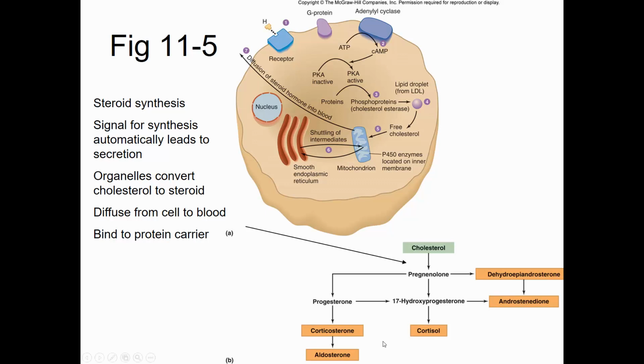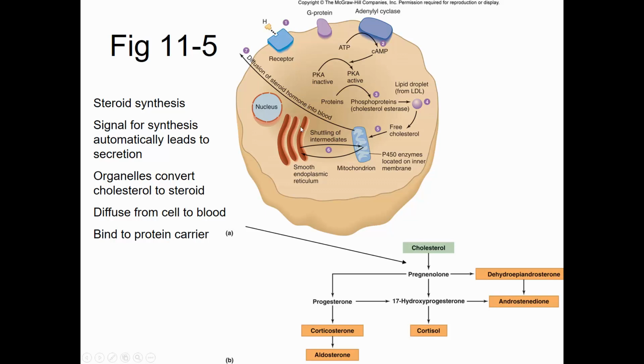So here's a picture telling us about how steroids are synthesized. Steroids are derivatives of cholesterol. So cholesterol is carried around the body on a lipoprotein called LDL that gets taken up into the cell, and there are enzymes in the mitochondria and the smooth ER that work together to make the steroid. Now steroids would not be stored in a vesicle because they're lipid soluble.